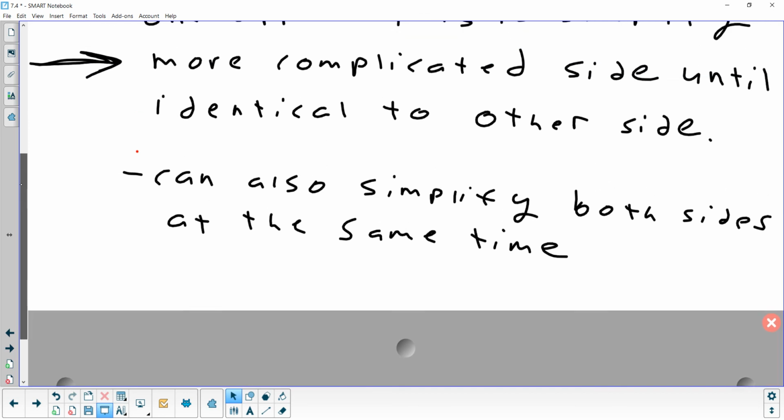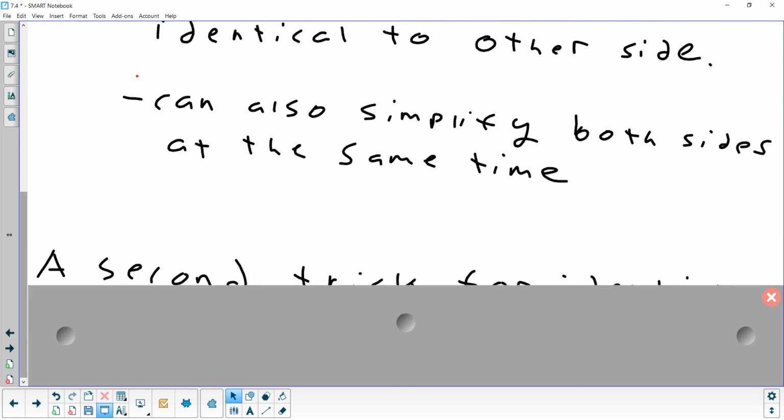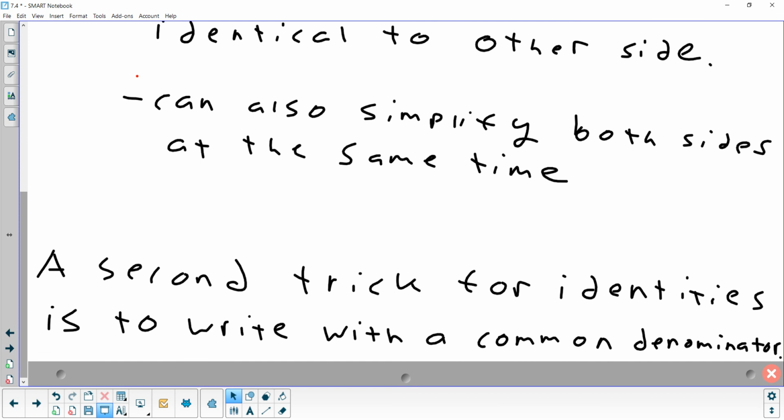All right, so there's really three main tricks I'm going to show you. Tricks are like things to try in the problem. One trick is to change everything to sines and cosines. Another trick is if you have two fractions with different denominators, find a common denominator.